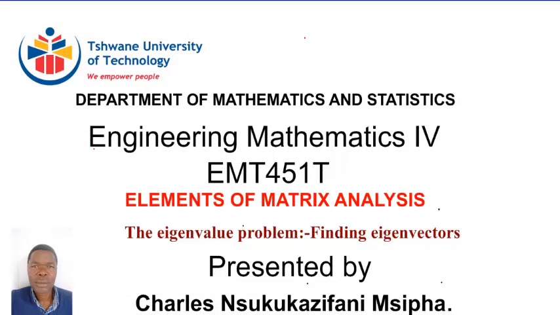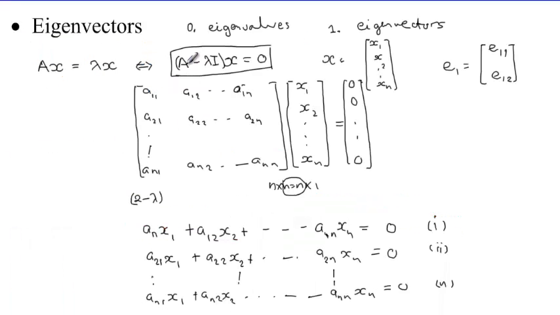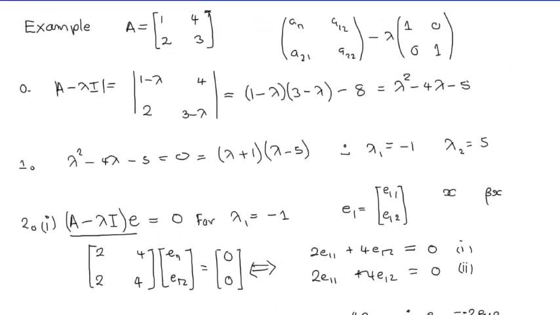Welcome to the second presentation on finding eigenvectors. Just recapping, previously we looked at this equation and saw how it generates the system of equations, which we summarize this way. And then we took an example of 2 by 2 and we got two eigenvalues here, minus 1, minus that.